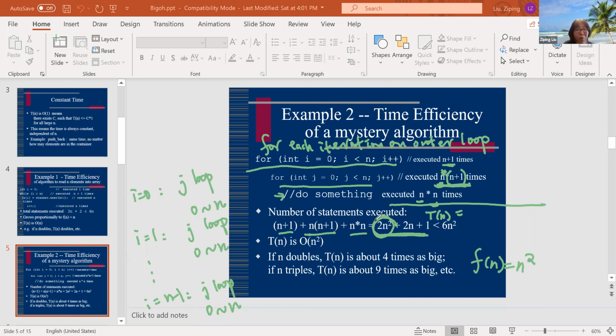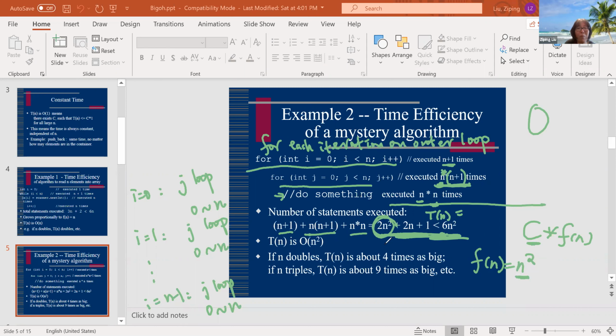So we are going to pick Fn as n squared. We also don't worry about whatever the coefficient is. We just care about the term itself, because what Big O cares about is the trend. So we just pick the highest order term, n squared. Then we want to find that constant C times Fn. Suppose here we pick 6. We can always guarantee this is true.